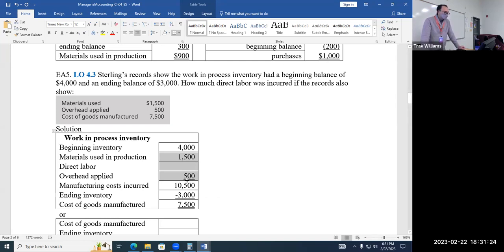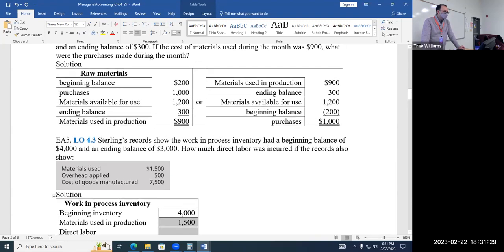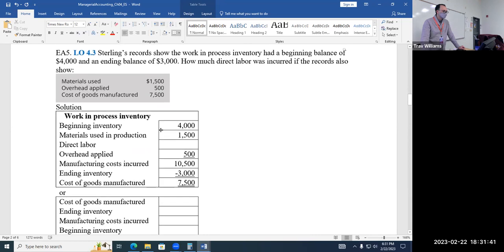And we can see that, again, if we look at the basic formula, think of it like this: beginning plus whatever you added minus your ending balance, right? That's the same thing we're doing here. It's beginning plus, in this case, three different things that got added, gets us to there, minus ending inventory gets us to there.